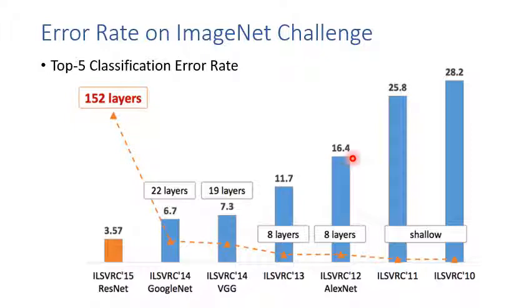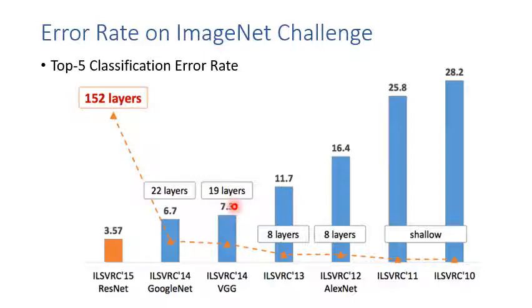In 2015, ResNet, proposed by Microsoft Asia, exceeded human level accuracy. During the competition, the researchers found that the more layers, the deeper the model, the more accurate it is. So researchers started to push the limit of convolutional neural networks.